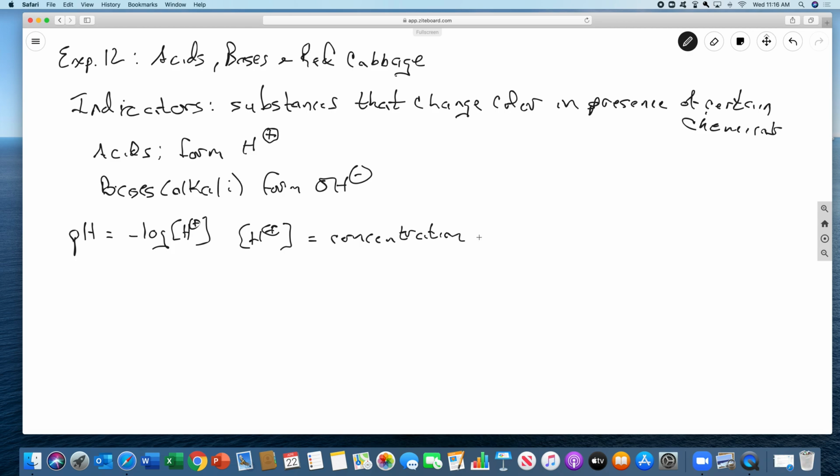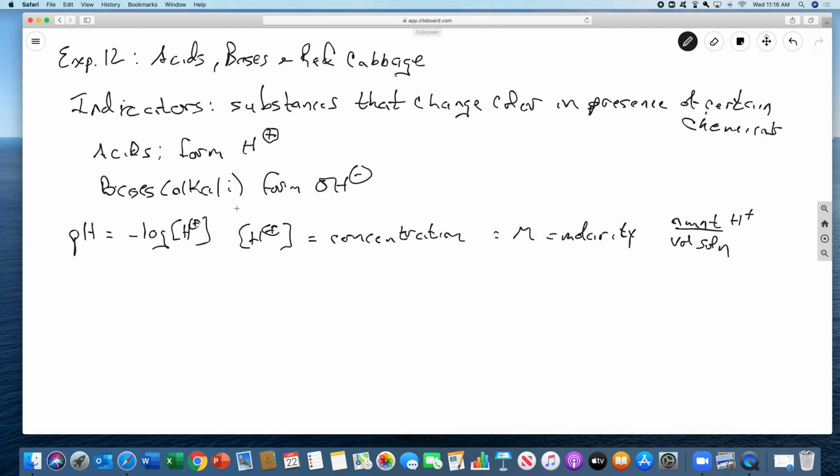Concentration is like parts per million. We did that before. The one we use typically is what's called molarity. And we're not going to get into what molarity is in this lab because it's not terribly important. Just realize it's a concentration unit. It's the amount of H plus over the volume of the solution.